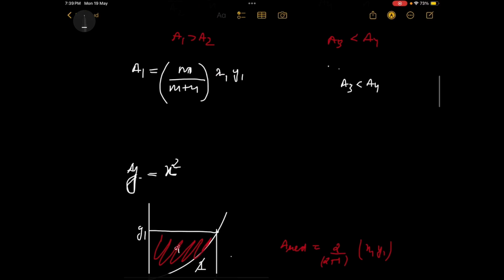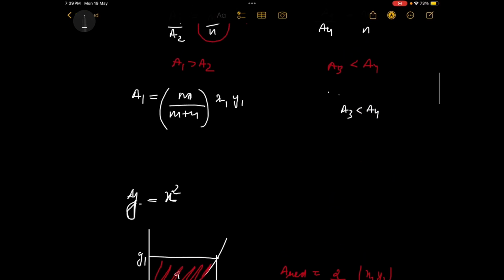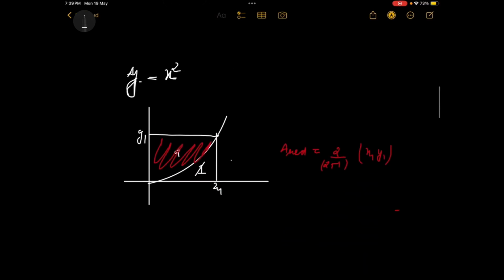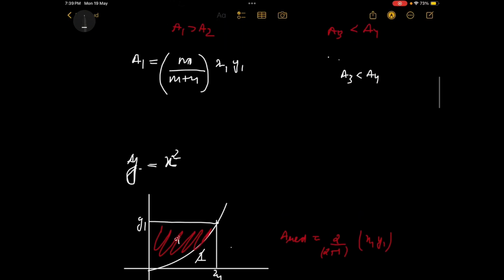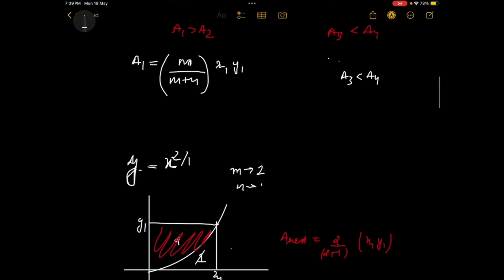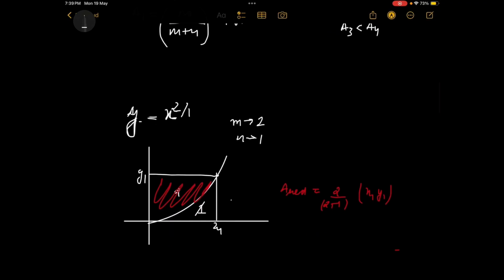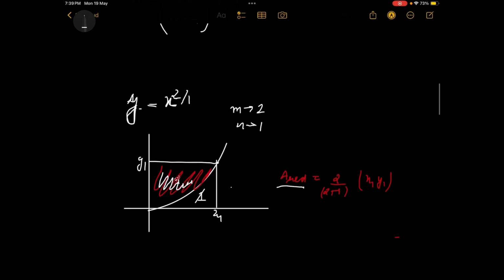Now, applying it on the graph y is equal to x squared, here, as you can see, m comes out to be 2 and n comes out to be 1. Therefore, the area of the red region comes out to be 2 over 2 plus 1 times xi, yi. That is 2/3 of the area of the rectangle.